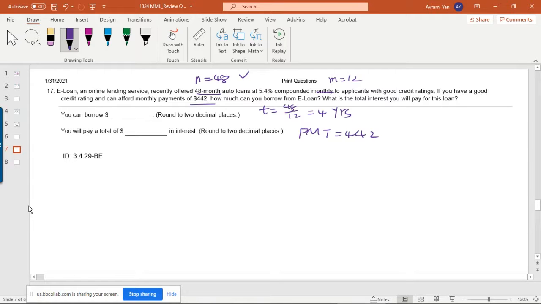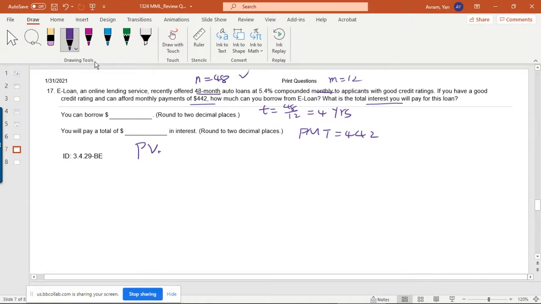So that means, what are we looking for? We're looking for how much loan you can borrow. So we are looking at a principal, or the present value. So this is trying to find the present value in here.